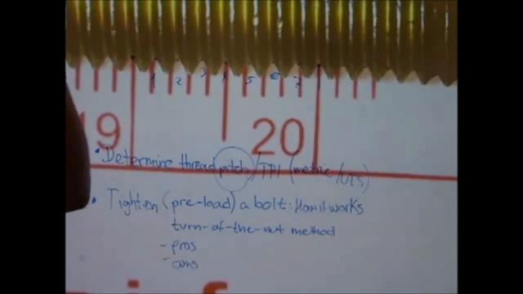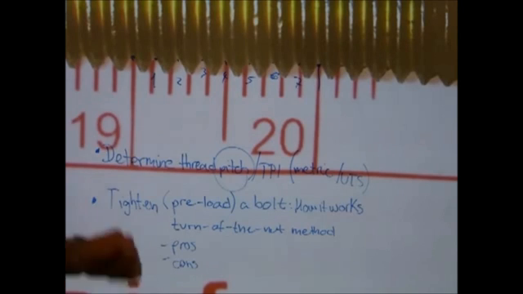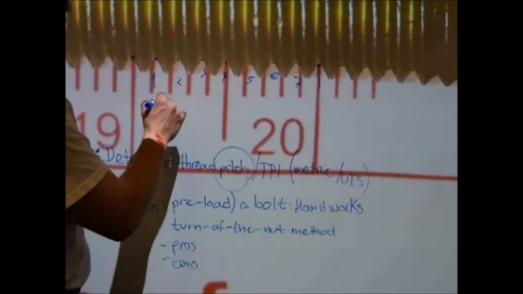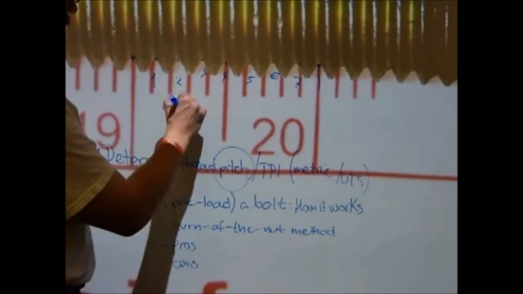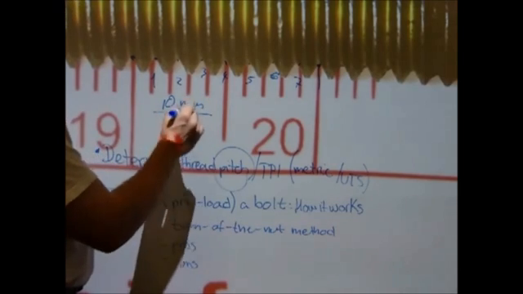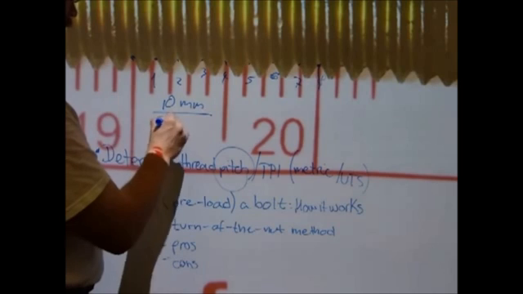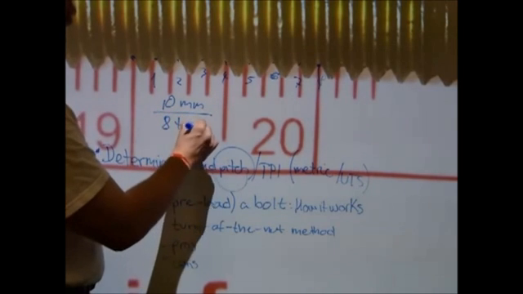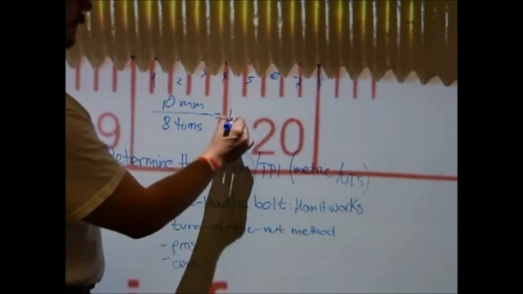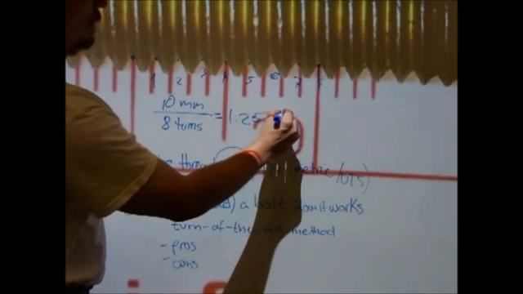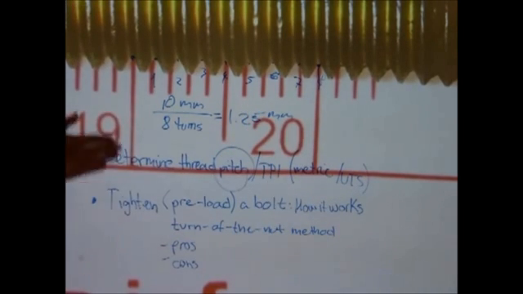Yes, it does check out. The 8th root lines up with another multiple of 5 millimeters. So we have a total distance of 10 millimeters. And we have exactly, that's the 8th turn, 8 turns. And that gives us a pitch of 1.25 millimeters. So on this one, this is the pitch, 1.25.